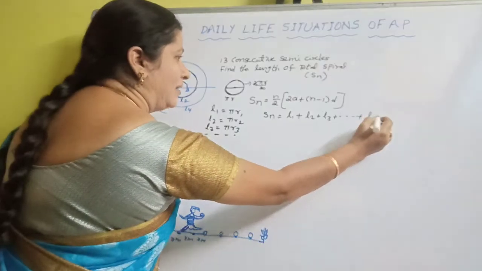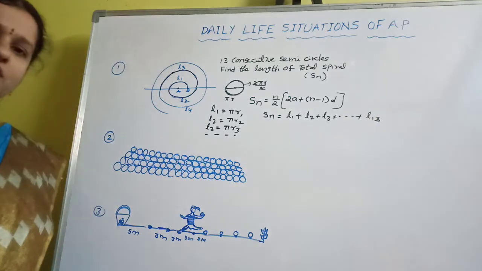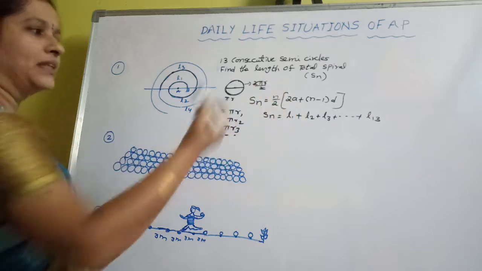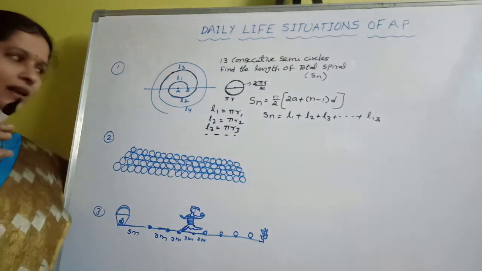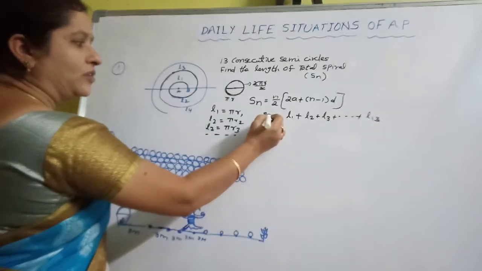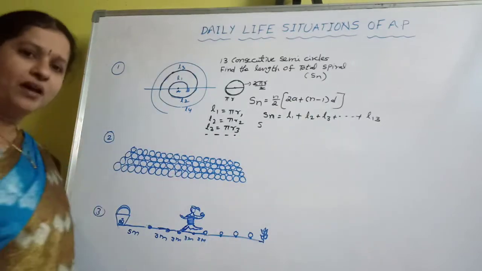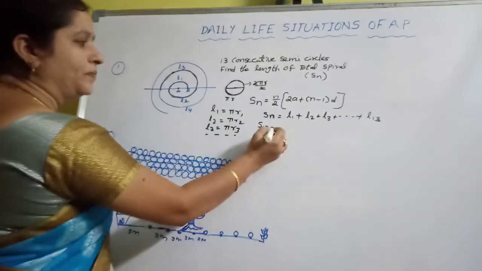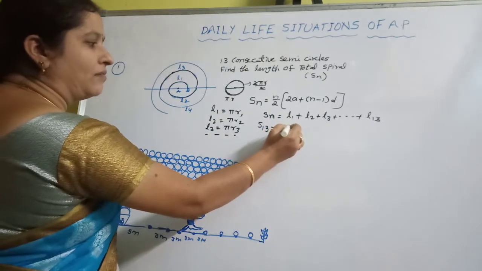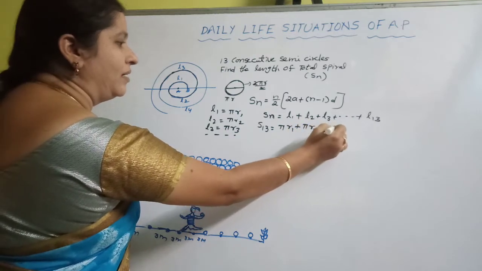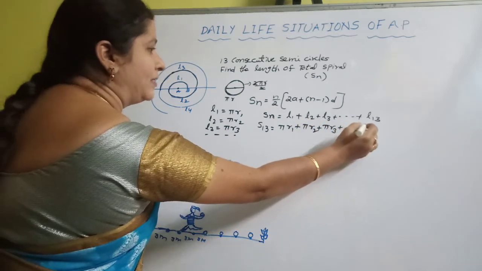So up to L13. That is the series of this question. So total length equal to L1 plus L2 plus L3 plus etc. up to L13. Here n is given, the total number of semicircles, 13. So S13 equal to pi R1 plus pi R2 plus pi R3 plus so on.